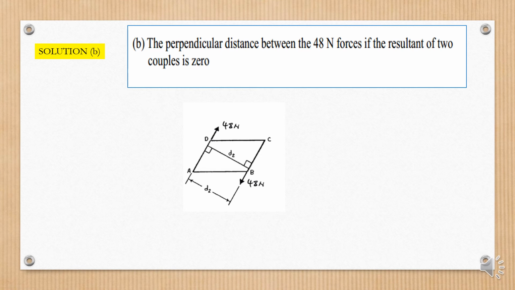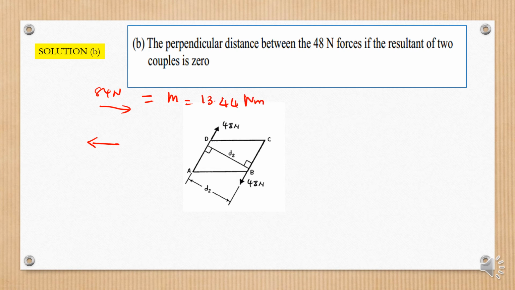If the resultant of the moments due to the couples is 0, remember that we have two couples. The one that we determined in A is the 84 Newton couple, in which the value of the moment is 13.44 Newton meter.